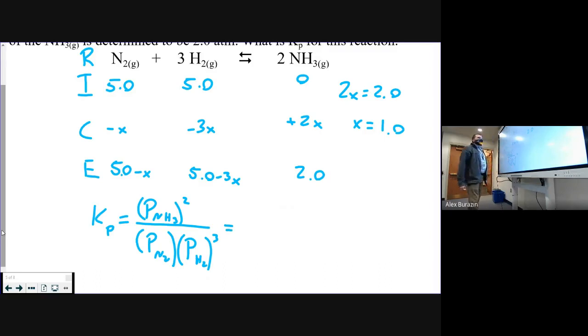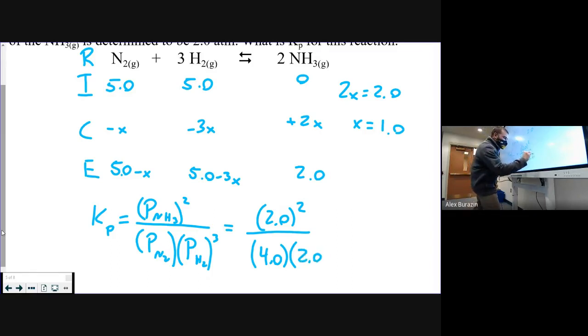So this is going to equal my product, 2.0 squared, divided by my reactant, which is 5 minus 1, so that's 4, multiplied by 5 minus 3, cubed, so that's 2 cubed.